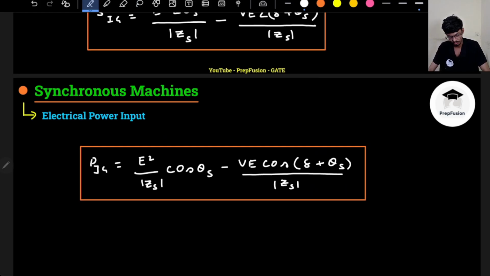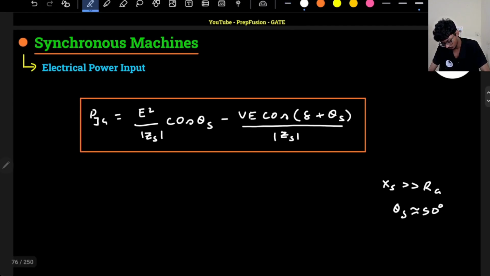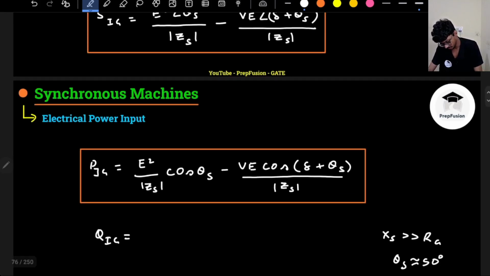Okay, again you can do the same approximation. If your Xs, synchronous reactance, is much larger than Ra, then your theta s will be approximately 90 degrees. Then your magnitude of Zs also will be approximately equal to Xs only. So okay, let me first write down the full values.